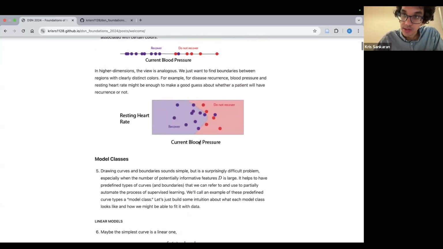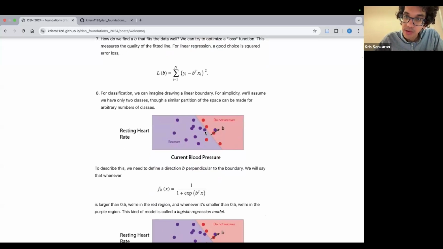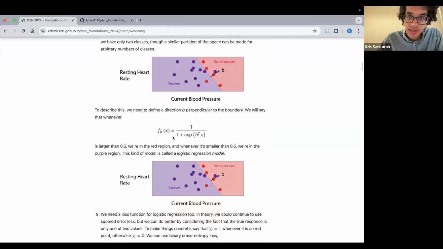If you're just doing the linear analog for classification, it looks like a straight line that separates the two classes. How do you draw these straight boundaries? You just need to figure out the direction B that's normal to that plane. Once you find that direction B, that's going to be your new rule for separating the classes. So this is one way that you can draw this.